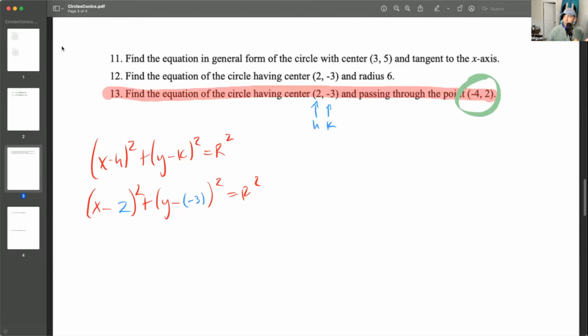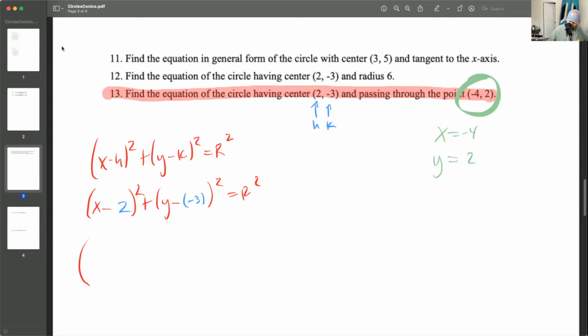So now we know that when x is -4, y is 2. So we can go ahead and create what I like to call an example equation, because when x is -4, y is +2, and we have those variables in the equation there on the bottom, so we can plug those values in.